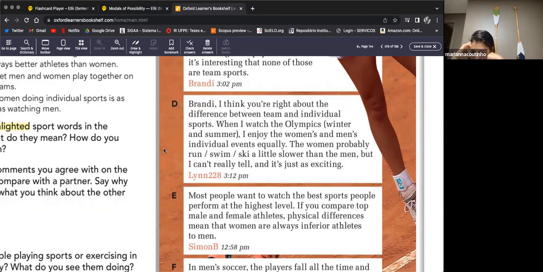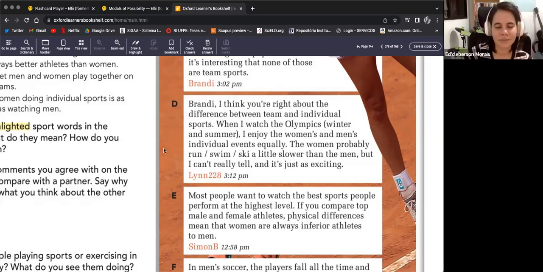The women probably run, swim, ski a little slower than the men, but I can't really tell, and it's just exciting. Exciting. Okay, so individual, I think you're equally. Okay? Equal.